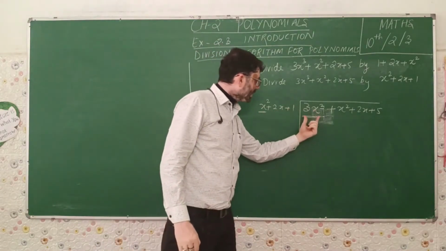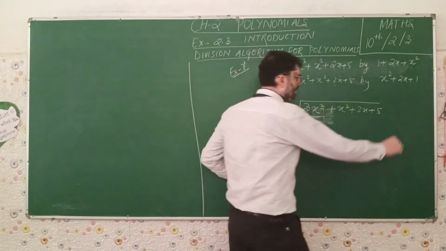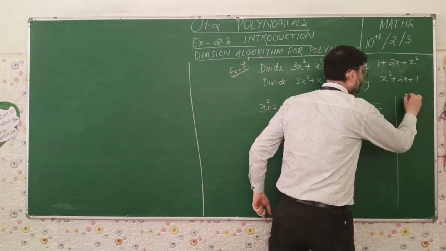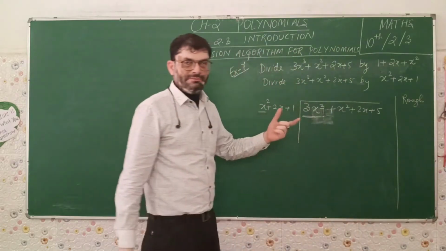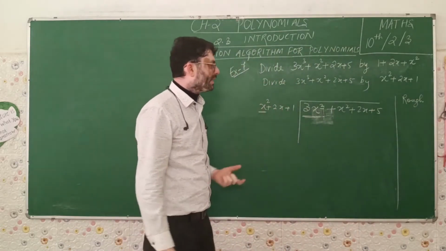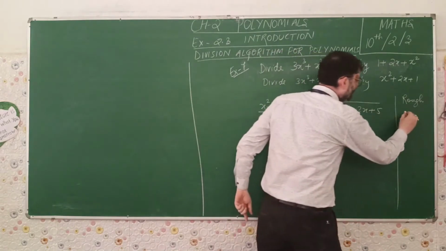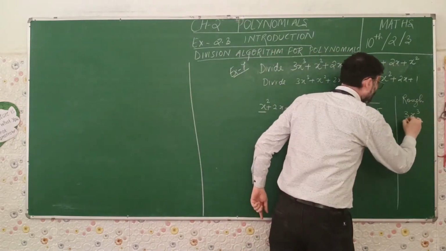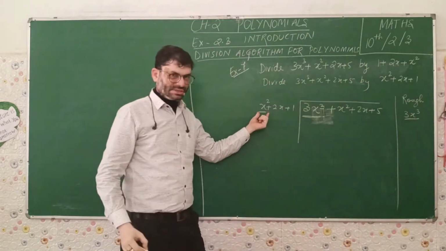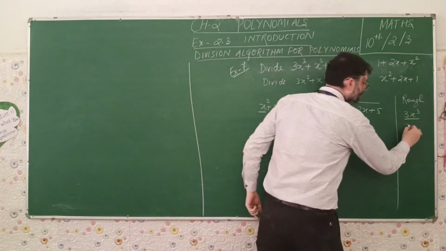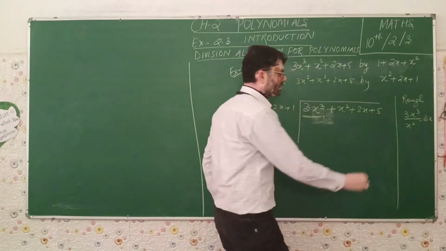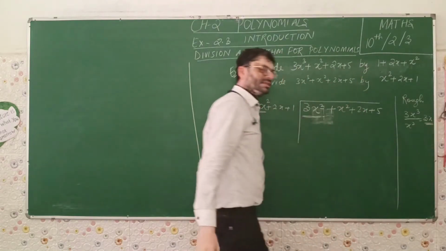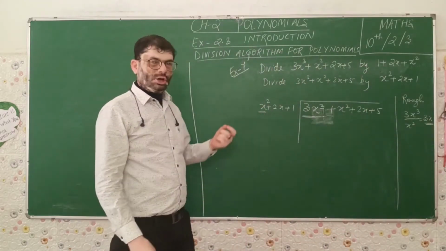Divide 3x cubed by x squared. Let us do some rough work here so that you can understand very well. And that value will give me the first term of my quotient. So divide 3x cubed by x squared, and this gives me 3x. So this 3x is the first term of my quotient.